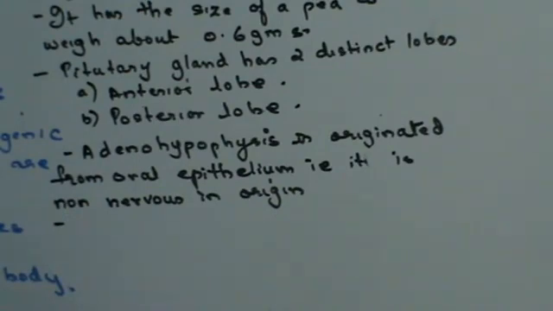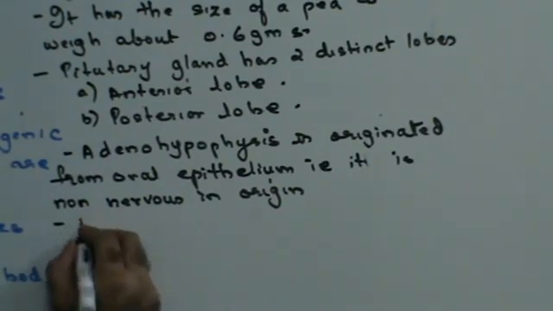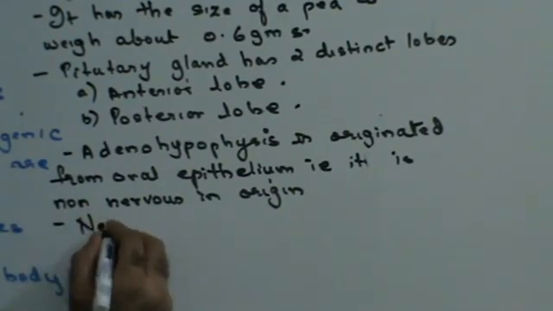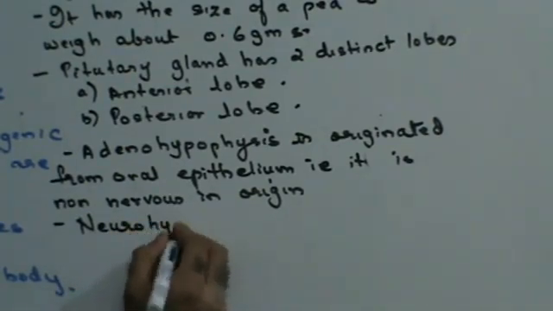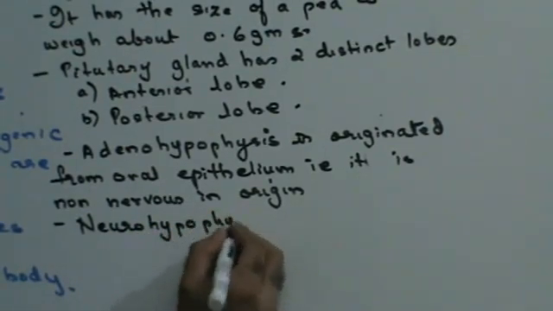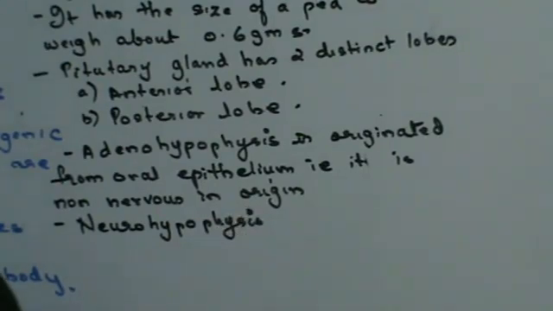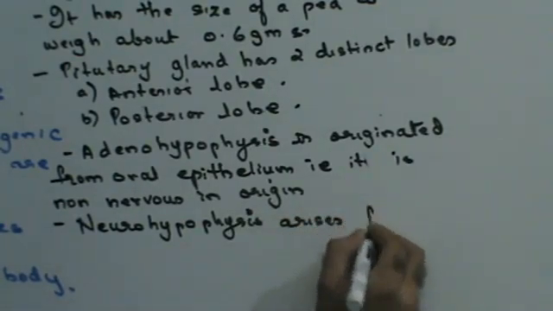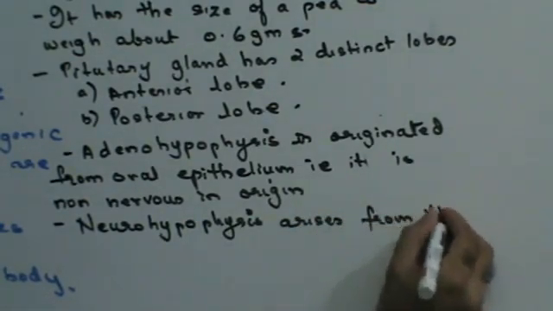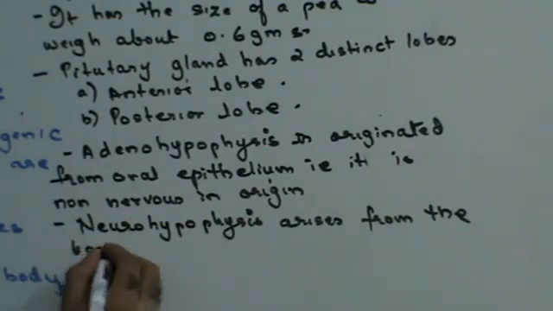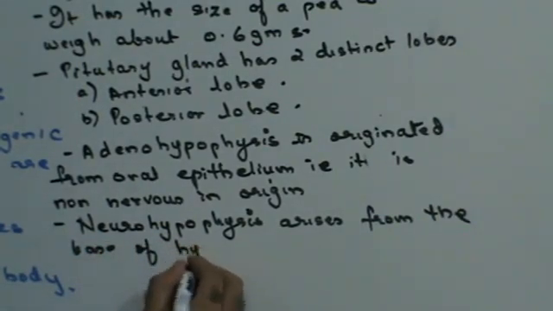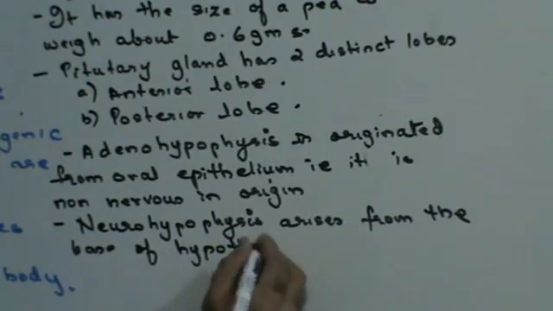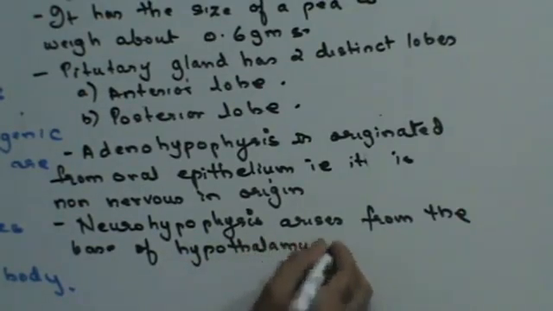Now, the neurohypophysis, that's your posterior lobe. The neurohypophysis arises from the base of the hypothalamus, right?